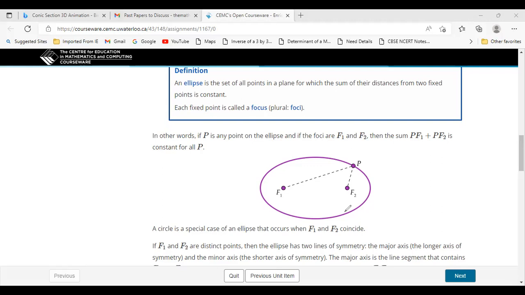When you move around them, the sum of the two distances will always be the same, even though each distance is constantly changing. That's nice.